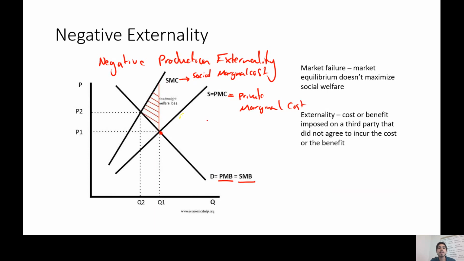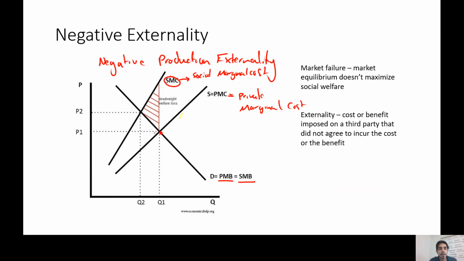Society, if we take into account the costs of the burning of fossil fuels, this would be reflecting the cost curve, right? And the supply curve that reflects the internalization of this burning of the fossil fuels into the atmosphere, right?